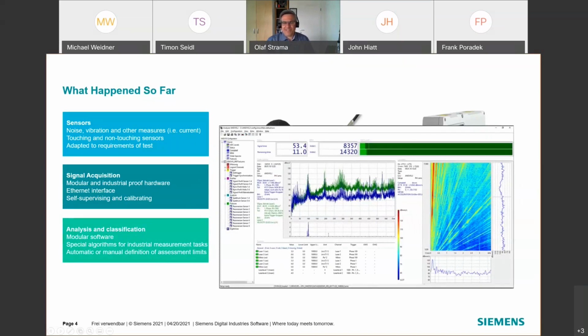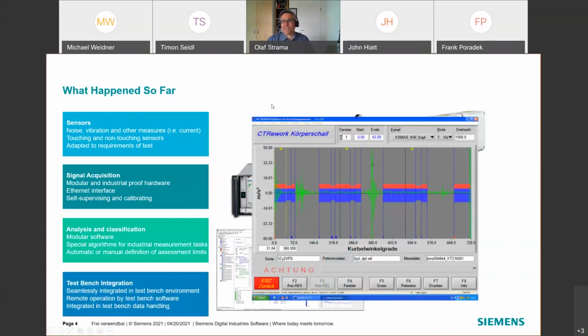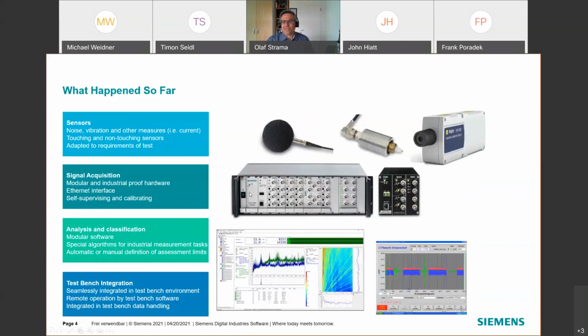That's the main topic of this session. The last session dealt with test bench integration: how to communicate with the Novus system, how to integrate it in the test bench from the mechanical, electrical and software point of view. Today in this session we will talk about analysis and classification.